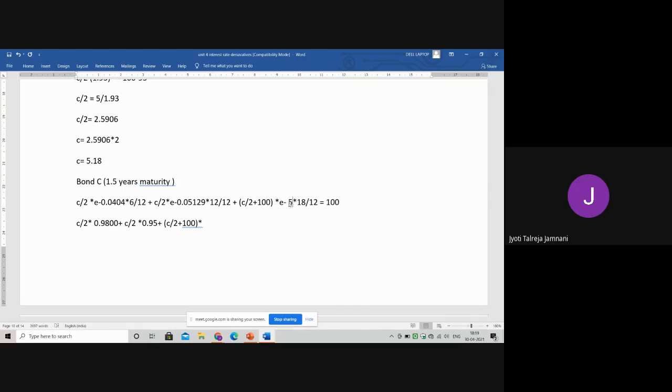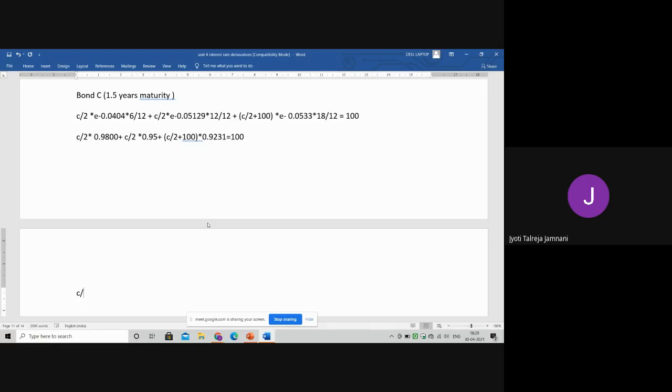It's 0.0533. Now just check. 0.9231, equal to 100.